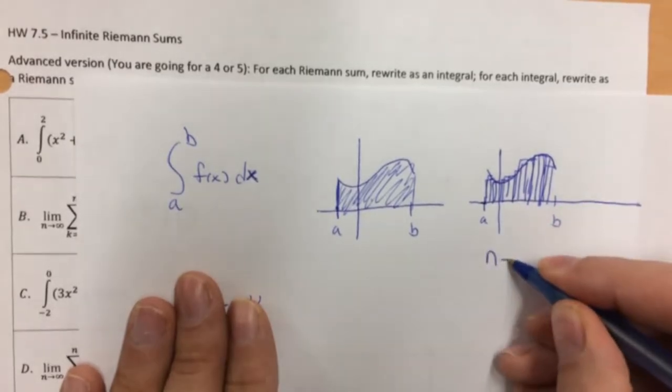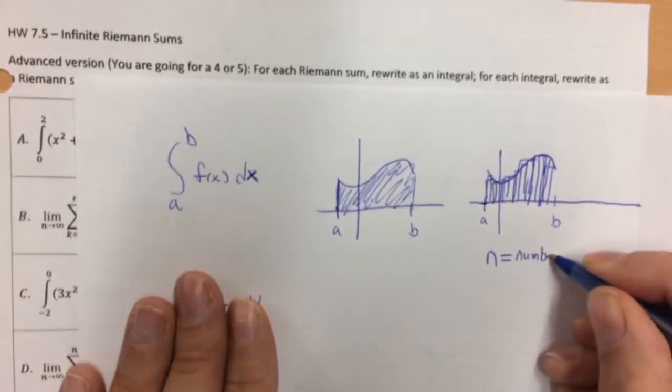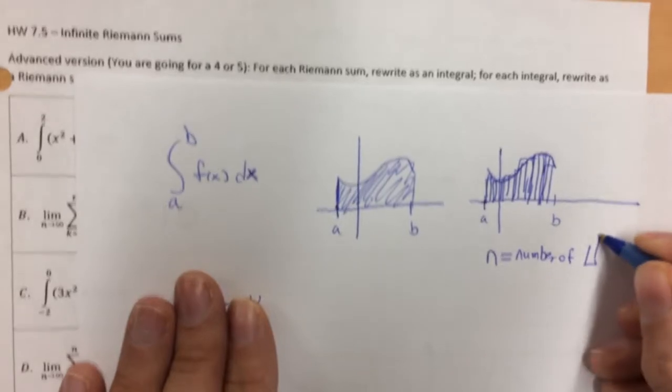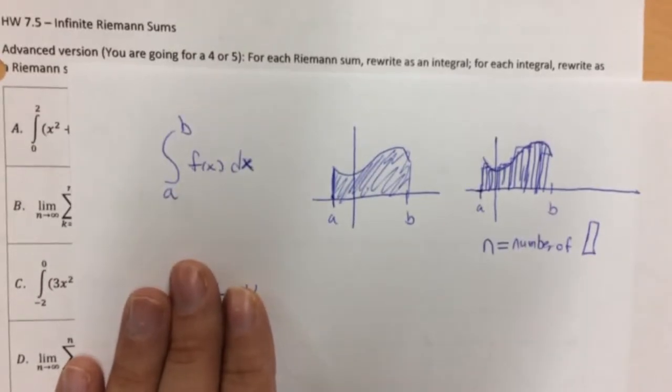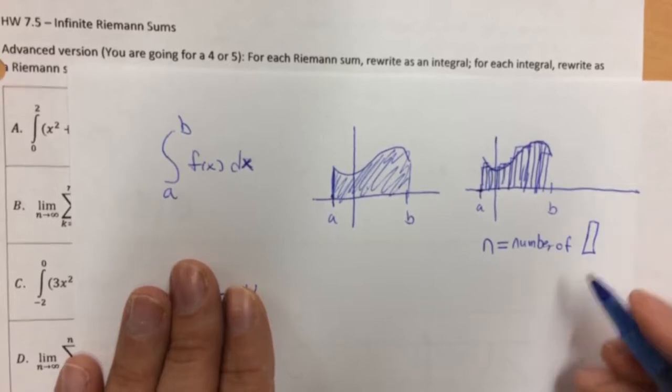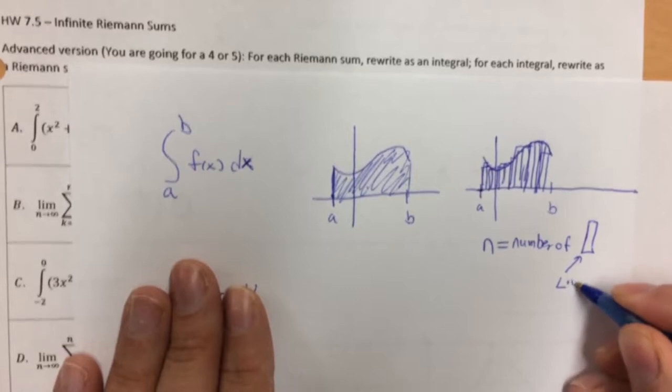Now let's look at how we add up all those rectangles. We're going to be talking about the number n, which is going to be the number of rectangles. There are a few things that keep coming up. How do we find the area of this rectangle? Well, it's length times width.